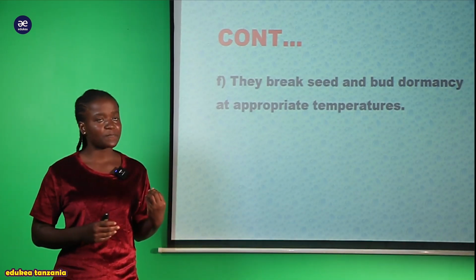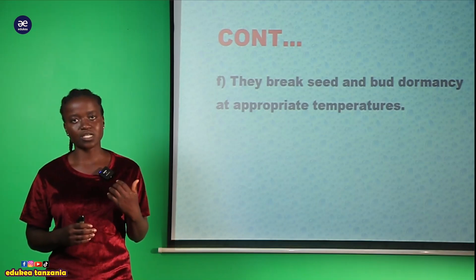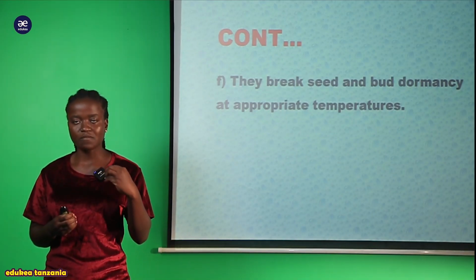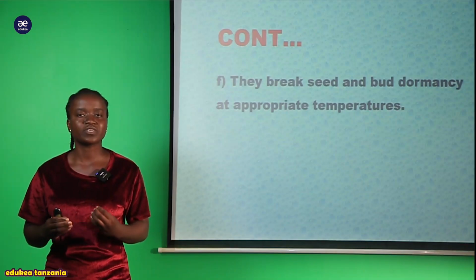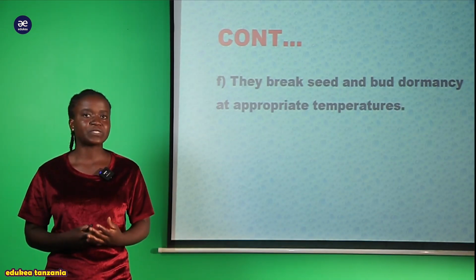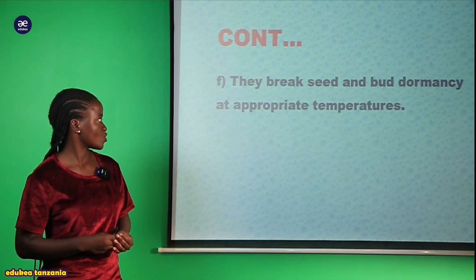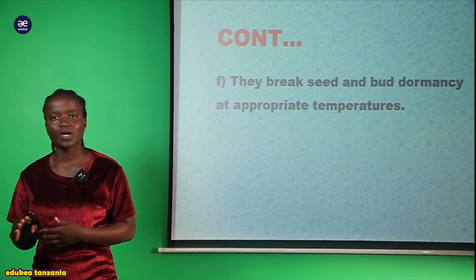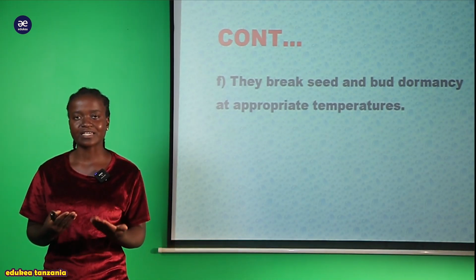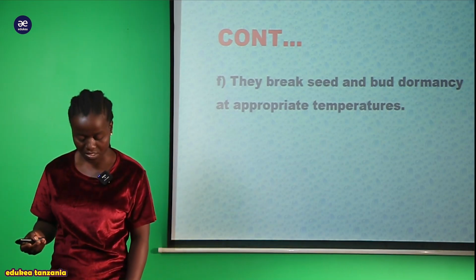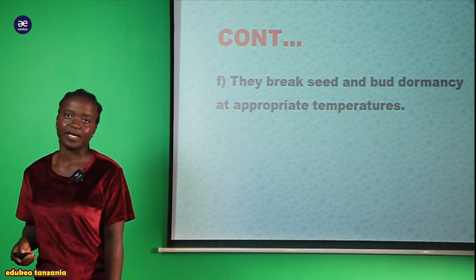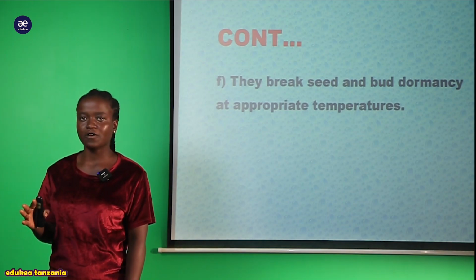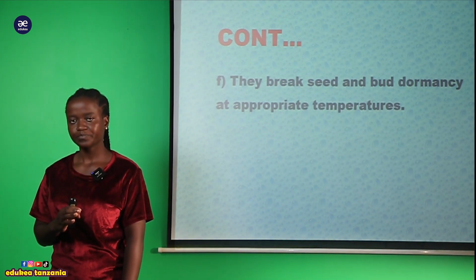So due to the presence of these cytokinins within a seed, it is used to break down the seed dormancy and to bring about germination. So at appropriate temperature. So temperature kama itakuwa ni sahihi, ndipo ambapo ita break down the seed dormancy within a plant.